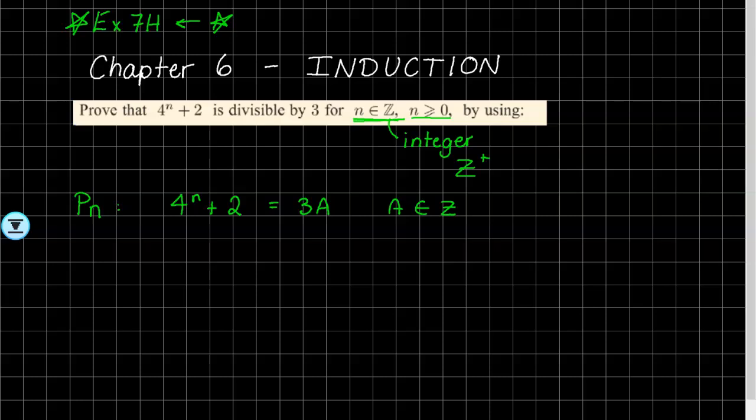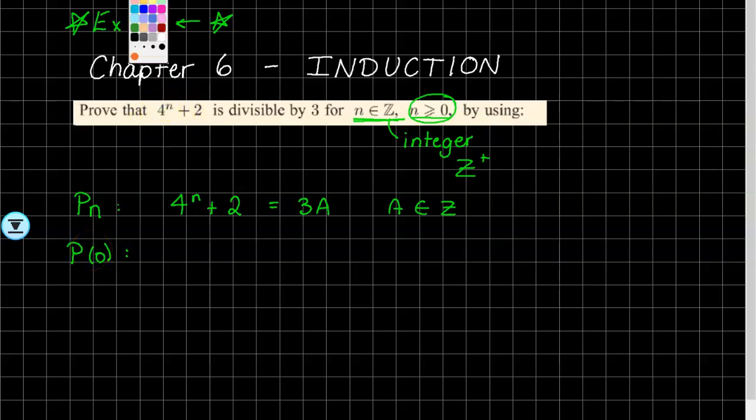Okay, now for this one, it's got n greater than or equal to 0. So we have to start by proving P(0) is true. If it had n greater than or equal to 1, then I would start with P(1). If it had n greater than or equal to 2, then I'd start with P(2). So wherever n is, we replace it with 0.